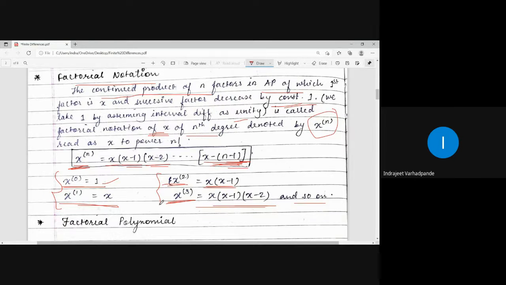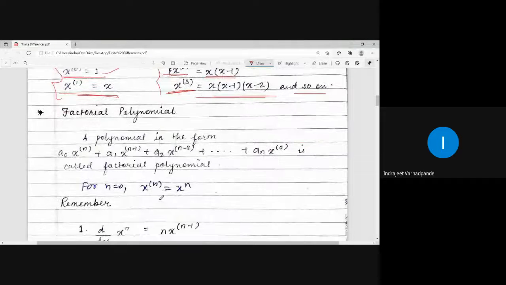What do we understand by the factorial polynomial? A polynomial, when expressed in a form containing factorial notation, is called a factorial polynomial. In general, a polynomial is a0 x to the power n, a1 x to the power n minus 1. But here I am putting them in brackets, so it will not be a simple polynomial.